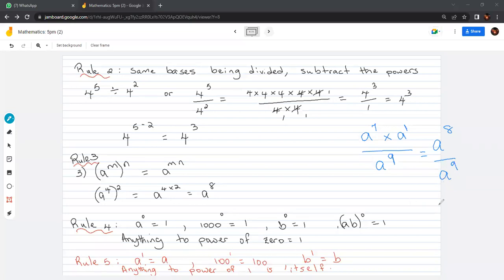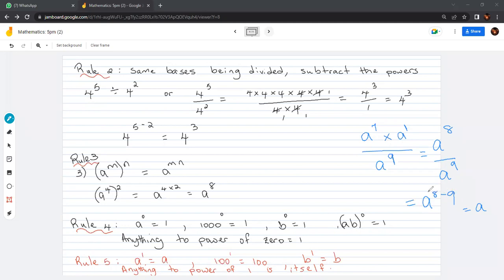Now watch this part. Once I'm dividing and my bases are the same, I subtract the powers. So I'll have 8 take away 9. And you have to make sure that you also know your rules when it comes to positive and negative numbers, okay?